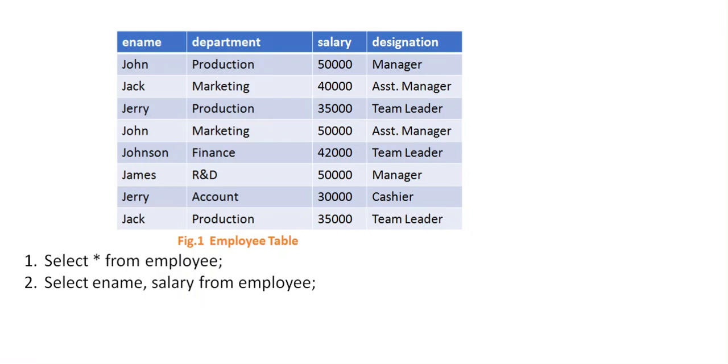Whenever you want to display the values of an attribute, suppose e name, department, salary or designation, you can directly use that attribute name in your query. As I have written here, select e name, salary from employee displays the values for column e name and column salary. Similarly, if you want to display the values of the department column, you can simply write select department from employee.